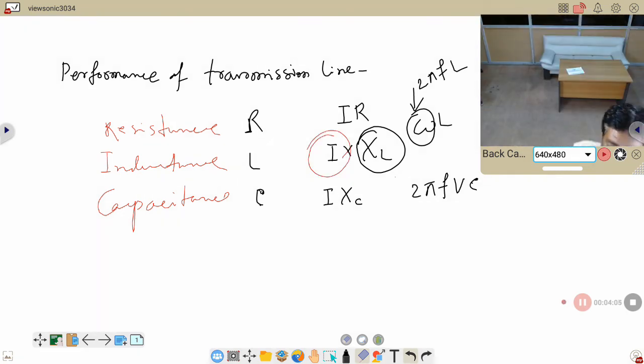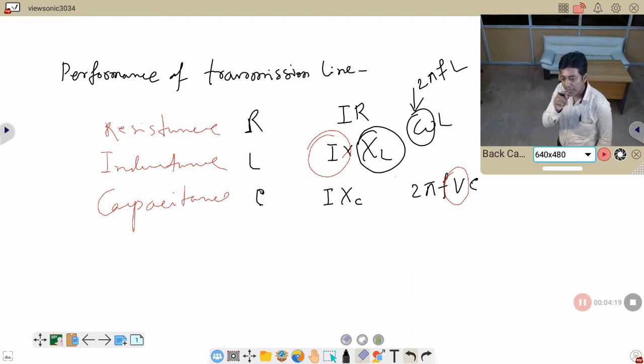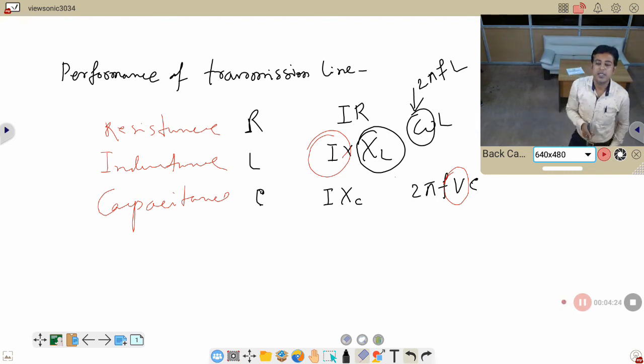In quadrature of the current we get the line inductive drop, and in quadrature of the voltage we get the capacitive drop. In that way we get the voltage drop, and again we can analyze the power loss and efficiency and all kinds of things.